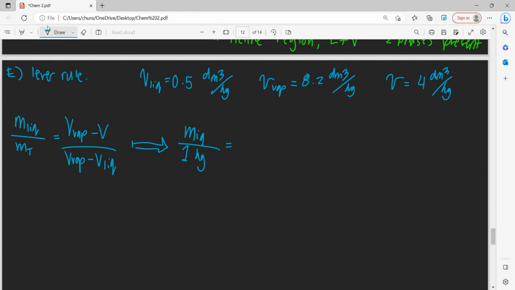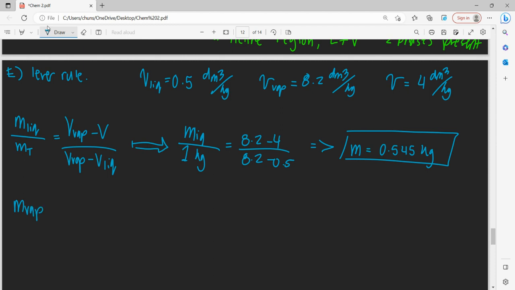That's equal to 8.2 minus 4 over 8.2 minus 0.5. When we multiply that 1 kilogram over, that's just going to be 1. So our mass is going to be equal to 8.2 minus 4 divided by 8.2 minus 0.5. That's about 0.545 kilograms of our liquid.